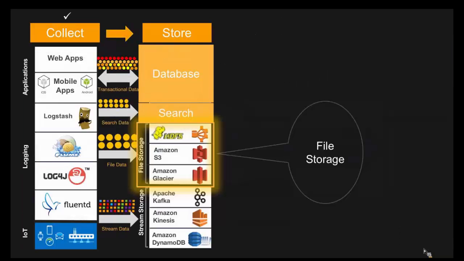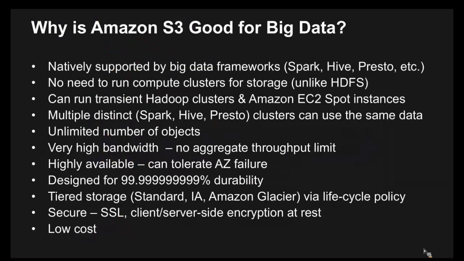Now, moving to the next subsystem, file storage. S3 is the ideal place for storing your big data files, because it natively supports a large number of formats and big data frameworks such as Spark, Hive, Presto, etc. Then it decouples storage from processing, so there's no need to run a compute cluster for storage.